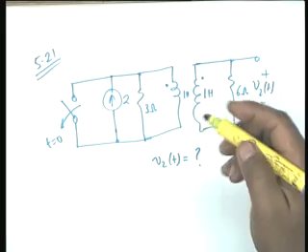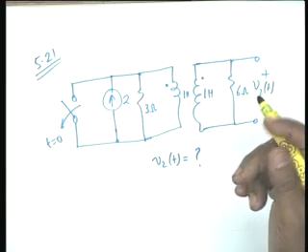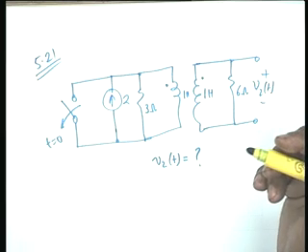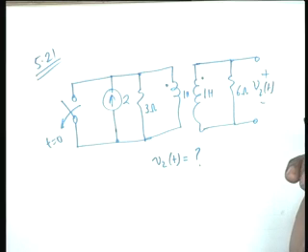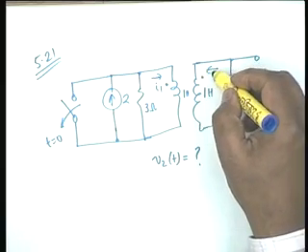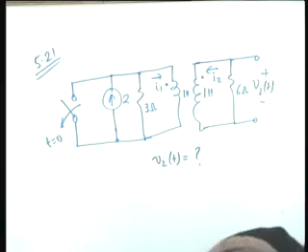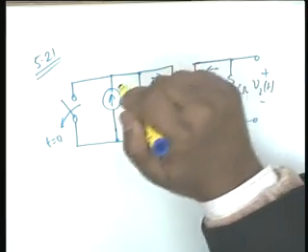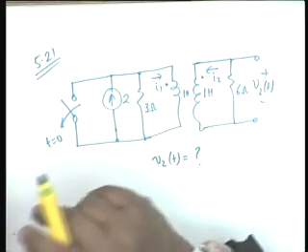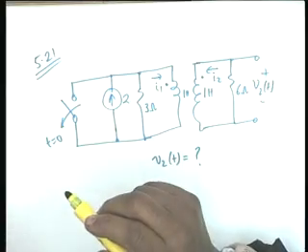Assume, this is important, assume 0 initial energy, which means that this current I1(0-) is equal to 0, I2(0-) is equal to 0. If this condition were not given, this is what I want to discuss. If this condition was not given, suppose this sentence was not there, then what would have been I1(0-)?